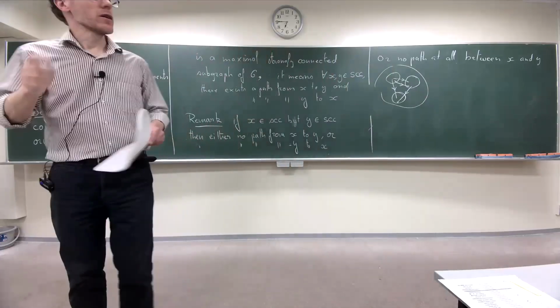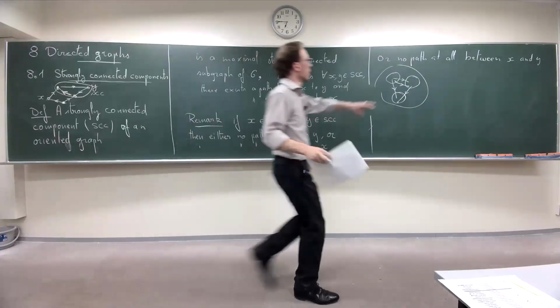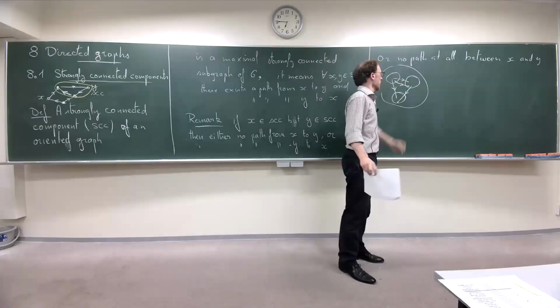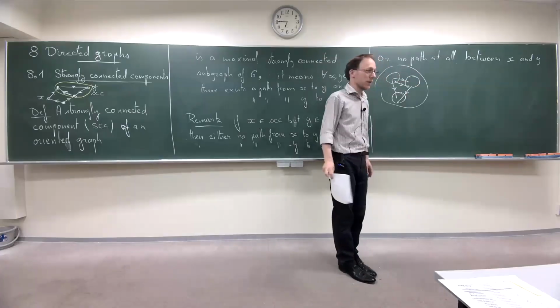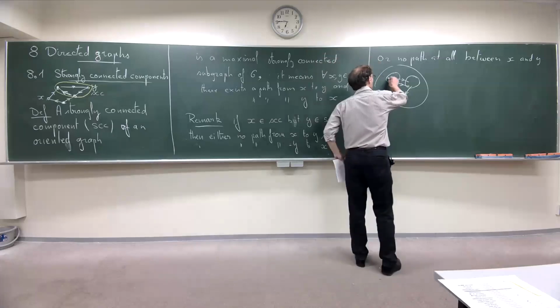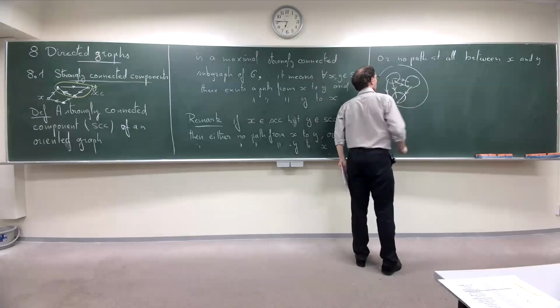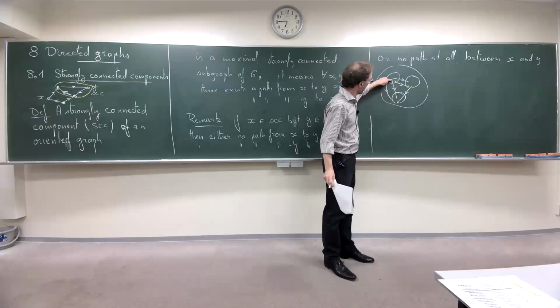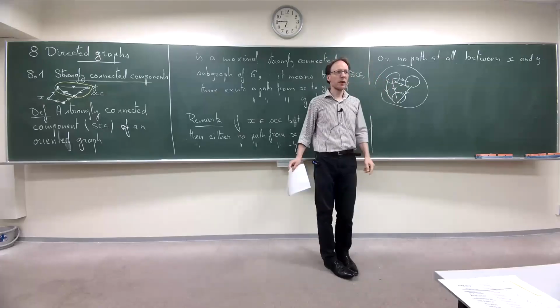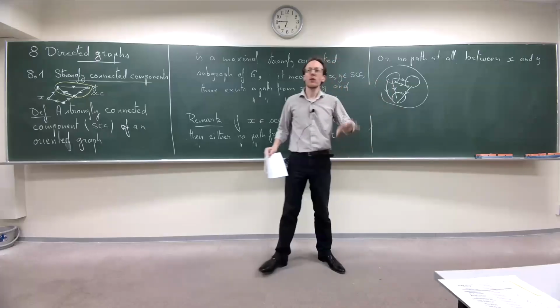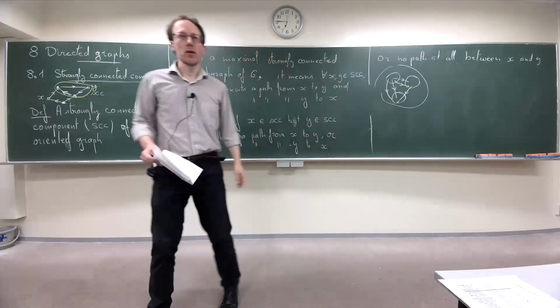They are all strongly connected in this part, all strongly connected in this part, all strongly connected in this part. It's possible to have multiple edges because it can go from one vertex here to one here and from a different one to a different one. So this is a quite natural decomposition of a graph.